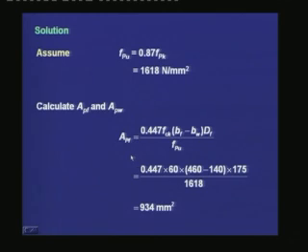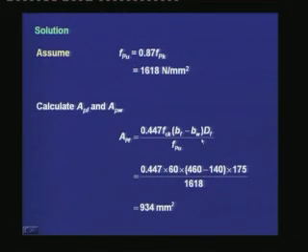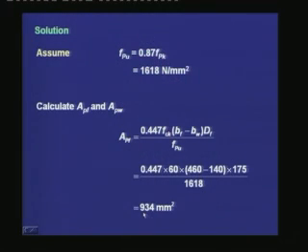Next, we are calculating APF, which is the amount of steel balancing the compression in the outstanding part of the flanges, which is equal to 0.447 FCK times BF minus BW times DF divided by FPU. Since we have assumed FPU, we can calculate APF, and substituting all the values, we get APF is equal to 934 millimeter square.